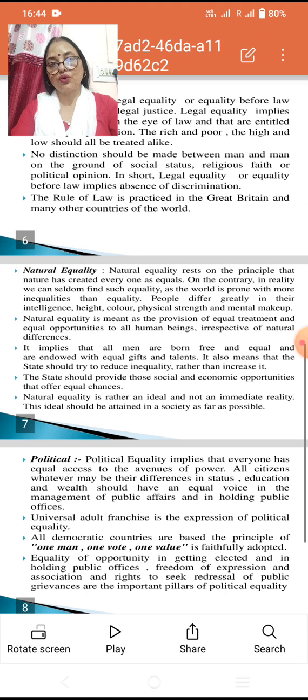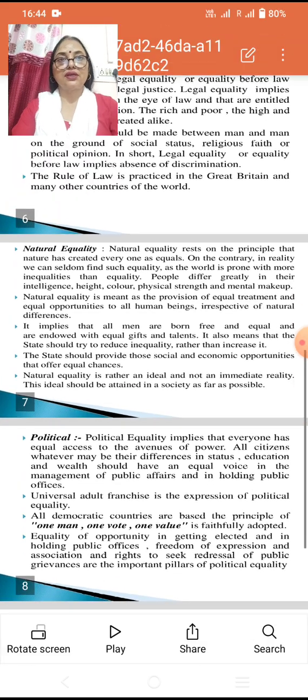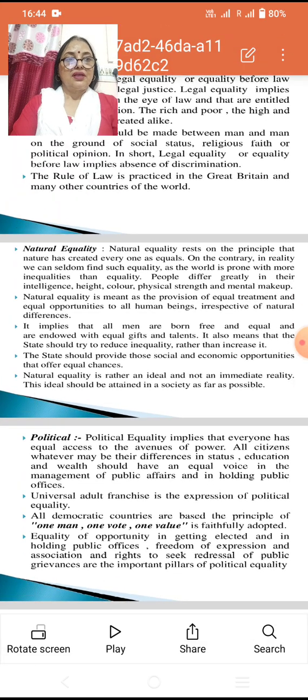Now we will know about natural equality. Naturally, by birth, all are not equal. This is the truth. We are different in intelligence, height, color, physical strength, and mental makeup. Natural equality means the provision of equal treatment and equal opportunities to all human beings irrespective of natural differences.